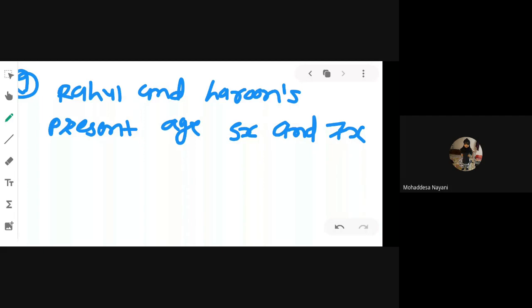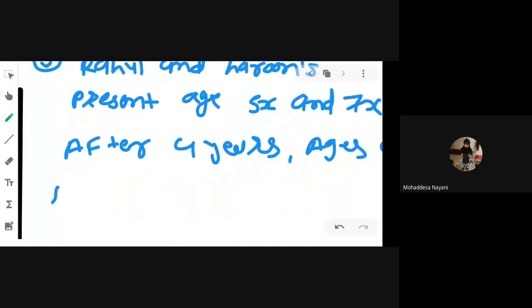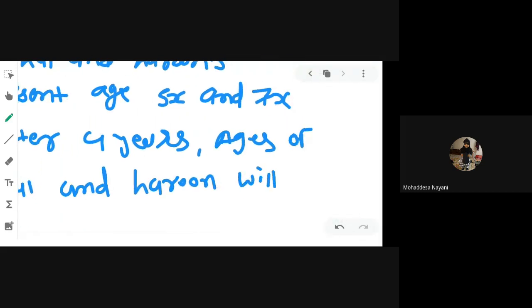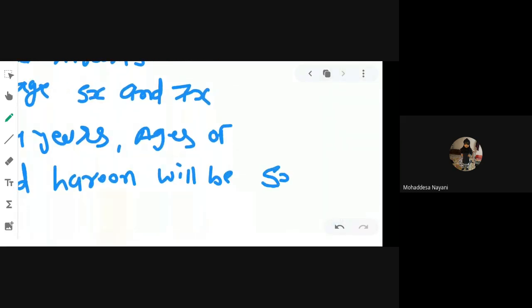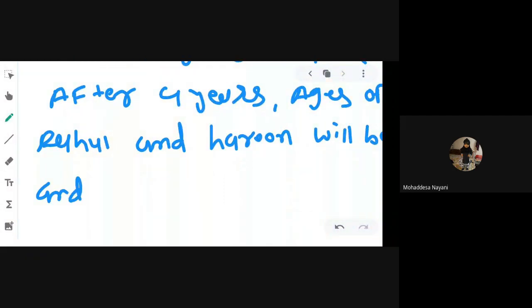So here Rahul and Harun's present ages are 5x and 7x. After 4 years, what will be the age of Rahul and Harun? We just have to add 4. So you can see after 4 years, the ages of Rahul and Harun will be 5x plus 4 and 7x plus 4 respectively.